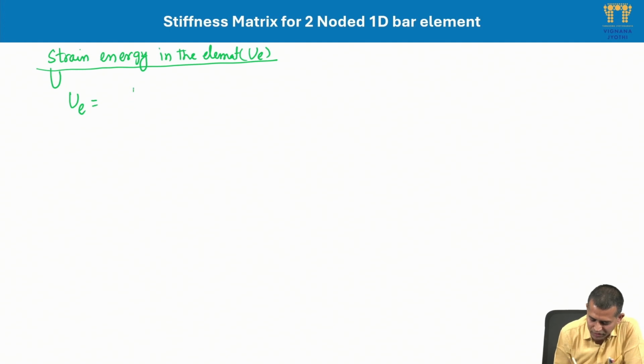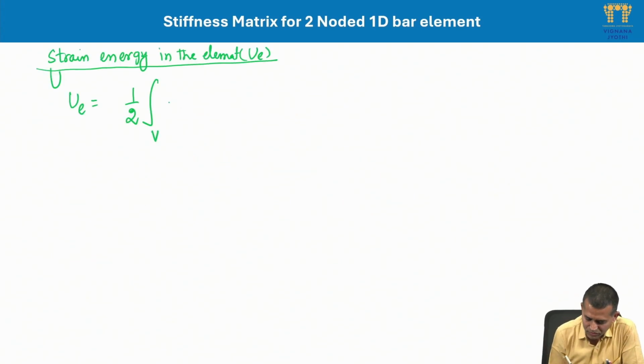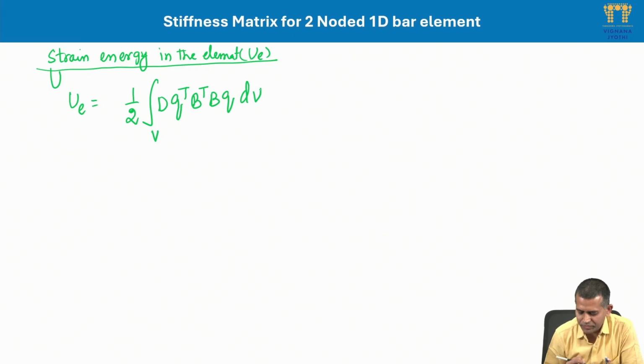That's nothing but the volume integral of, what was the expression we have? Volume integral of dq transpose B q into dV. So dq transpose into B transpose into B into q into dV.